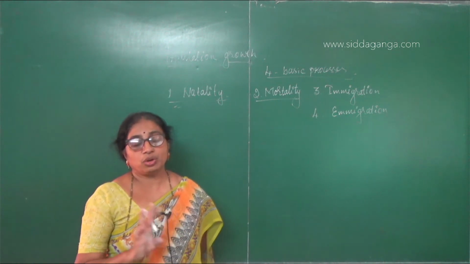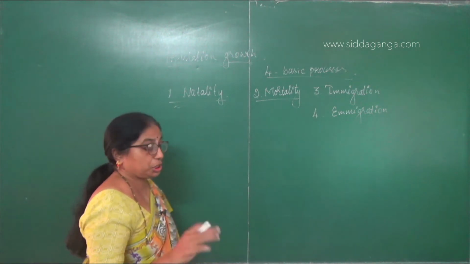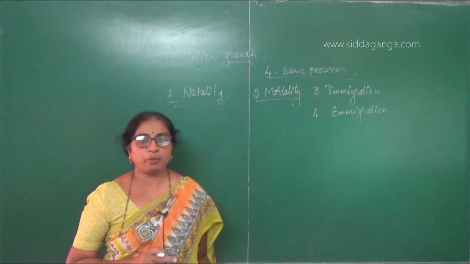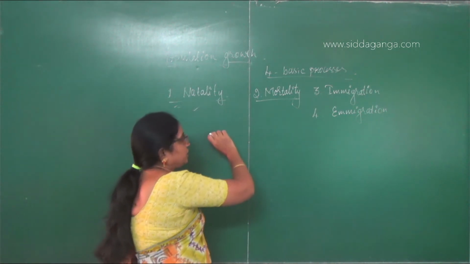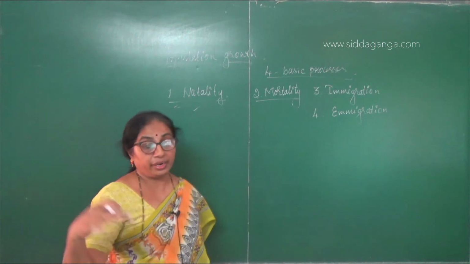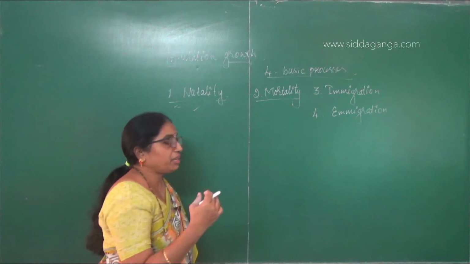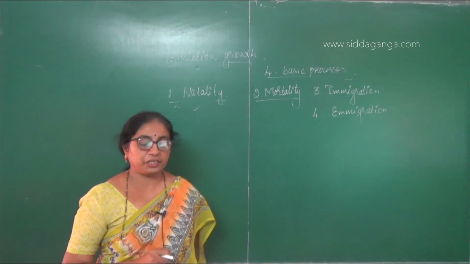So all these are four different basic processes which alter the population size or the population density. So here what we observe is natality will add some individuals to the present population, and immigration will also add some individuals to the present population.